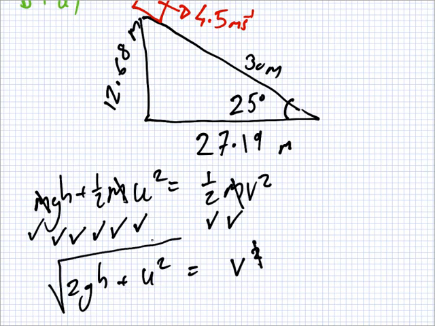Square root. Yeah, that's what I'm talking about. Let's see if we get the right answer. What was the u? 4.5. What's the answer in the book? Which is exactly what I got.